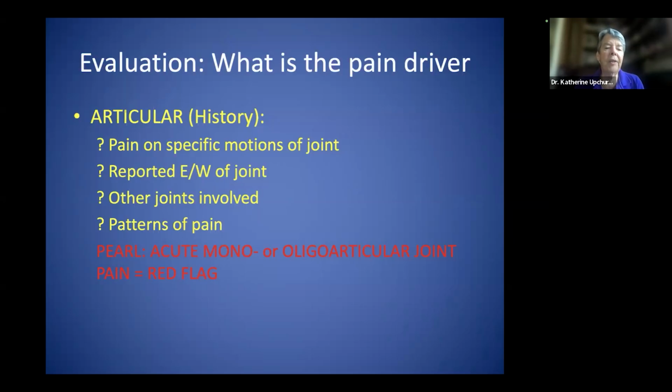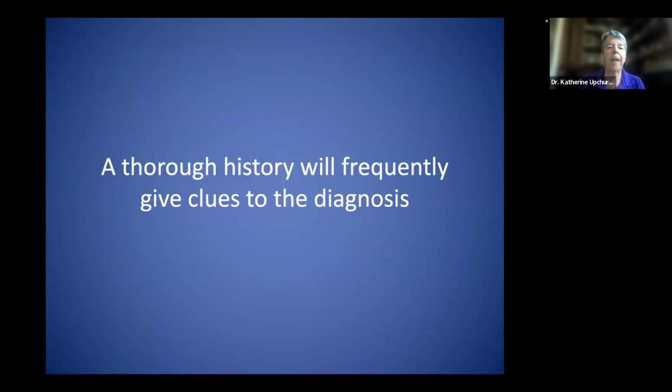First is that acute mono or oligo, that's just 2 to 3 joints, articular joint pain is a red flag. By red flag, I mean that could, not necessarily is, but could be caused by a dangerous condition, such as an acute intra-articular infection. And that's the thing that is the most challenging if you miss it. So pay attention to that as far as a pattern of pain.